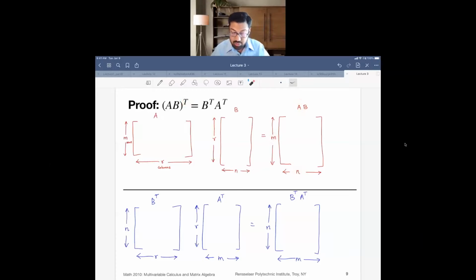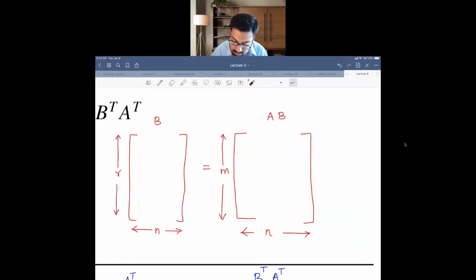All right. Given this, let's try to look at a specific element. If I wanted to look at a specific element in the AB matrix, let's look at some arbitrary element here, and let us say this element is ij in AB.